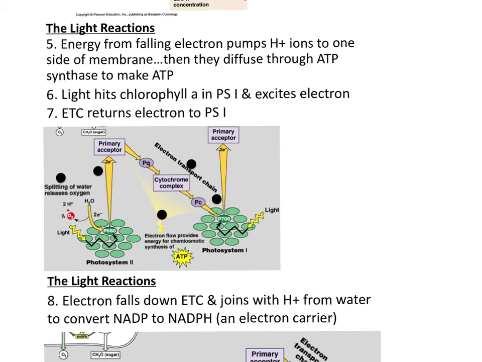After that electron gets excited, this photosystem here will not run out of electrons because it's continually getting a supply of electrons from the electron transport chain. So we do not see water coming in to replenish the electrons again because there is a supply of electrons coming down the electron transport chain.